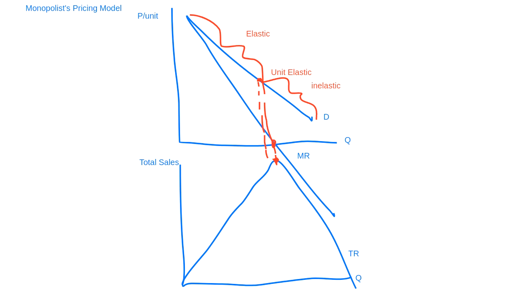Okay, so you can see that right where the unit elastic point is, that's where marginal revenue is equal to 0. So marginal revenue equals 0 at unit elastic. There we go. And also at the unit elastic, you can see that that's also where total revenue is highest.